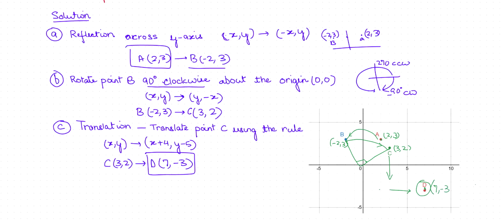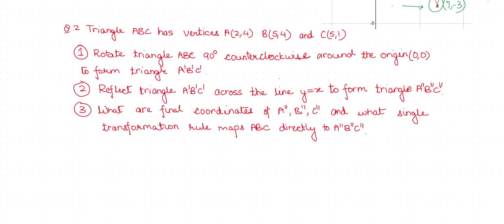Let's do another challenging problem. Question 2: triangle ABC has vertices A (2, 4), B (5, 4) and C (5, 1). We have to rotate ABC 90 degrees counterclockwise around the origin to form the triangle A prime B prime C prime.